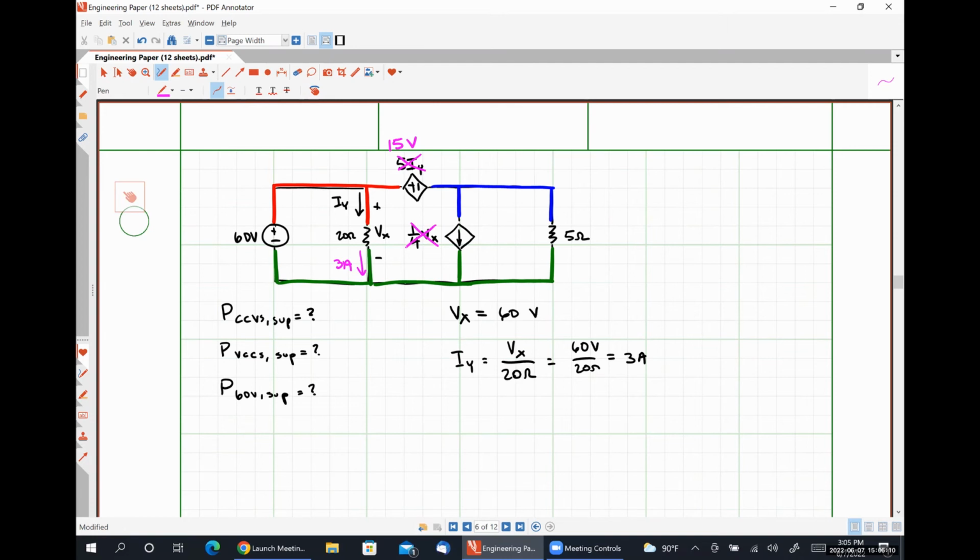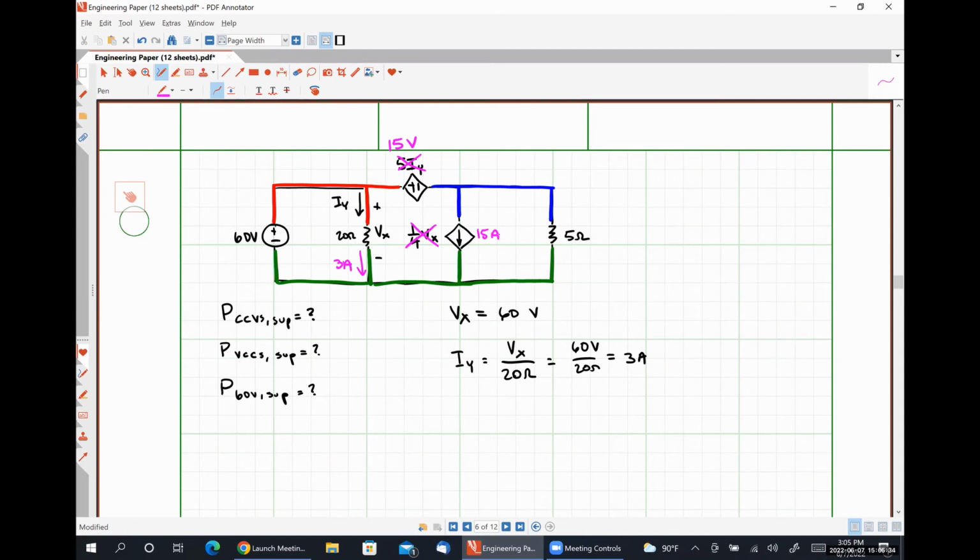So Vx, or 60 volts over 4, 60 over 4 is 15 amps. So this is a 15 amp source. So now we've got rid of all of our dependencies. So things should look a little bit more manageable. Okay?